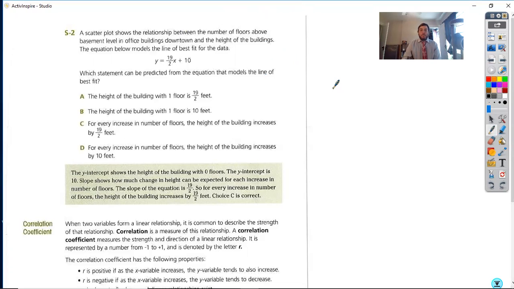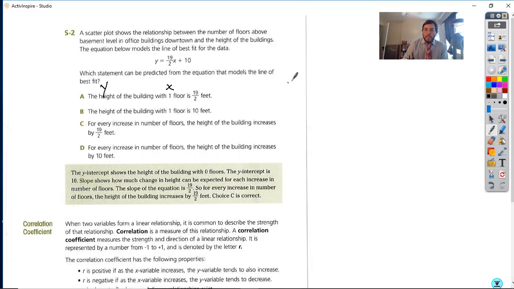Here we're showing the relationship between the floors and the height of the building, right? The floors are going to be our x value and the height of the building is going to be the y value. So remember, our height is our y, and with 1 floor, which is our x, it is 19 over 2 feet.